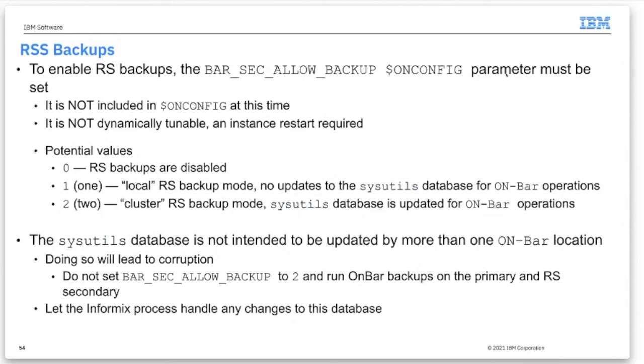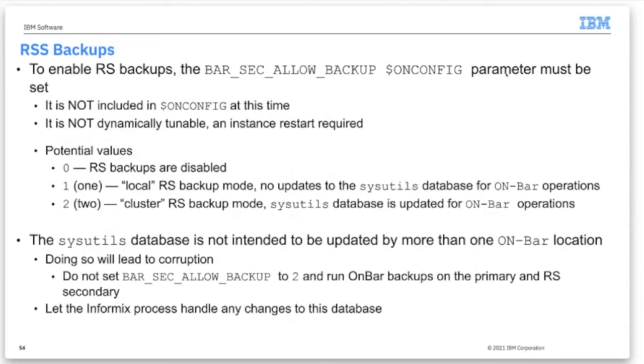The default is 0, that RS backups are disabled. Value 1 gives you the local backup, so that there are no updates to the sysutils database when you run on-bar operations. 2 enables what I call the cluster backup option, and the sysutils database is updated for on-bar operations, as you'll see in a couple of moments.